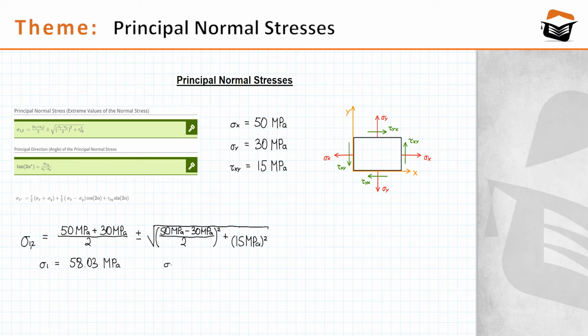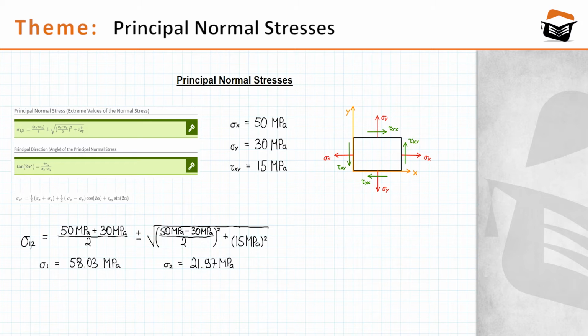And sigma 2, which is obtained by subtracting the square root from this term, is equal to 29.97 megapascal.